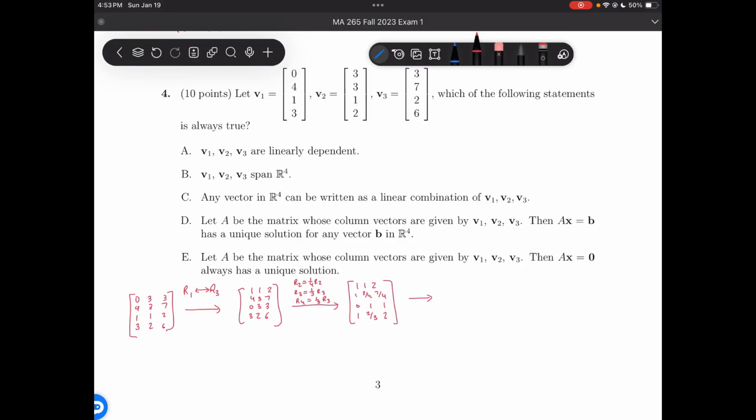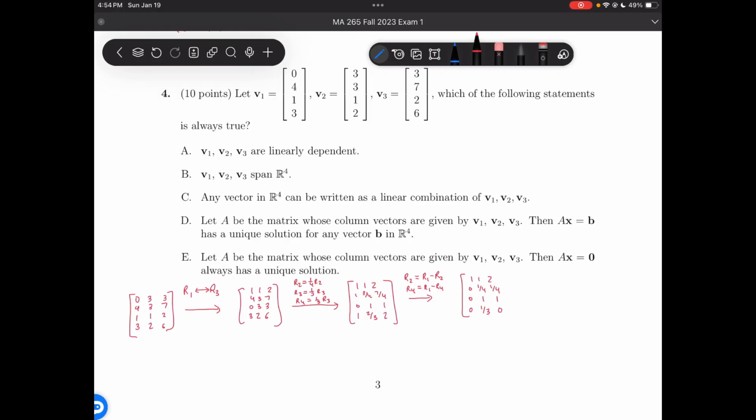Okay, next we can subtract and add rows together. So row 2 will now equal row 1 minus row 2. Row 4 will equal row 1 minus row 4 as well. Okay, and then I get 1, 1, 2, 0, 1/4, 1/4, 0, 1, 1, and 0, 1/3, 0.